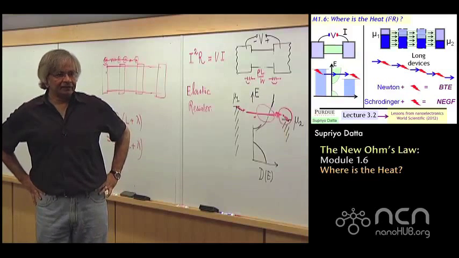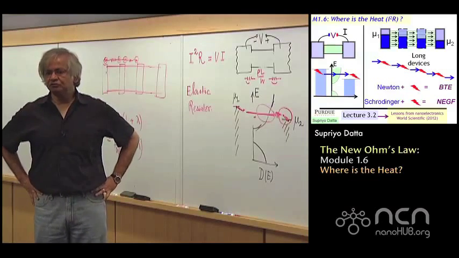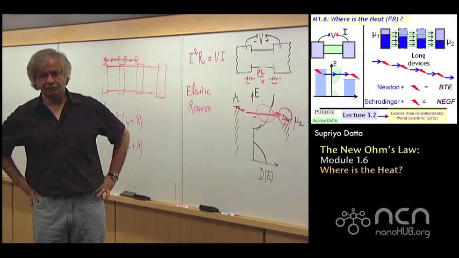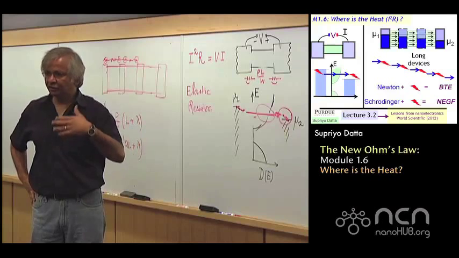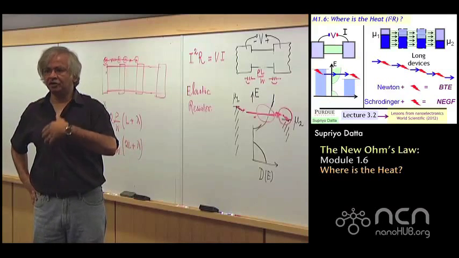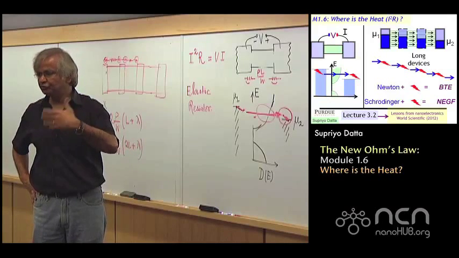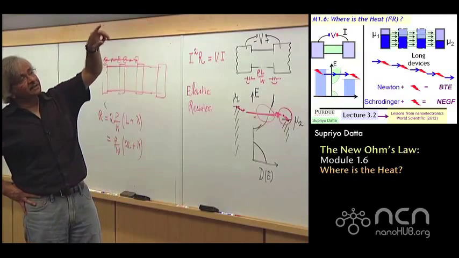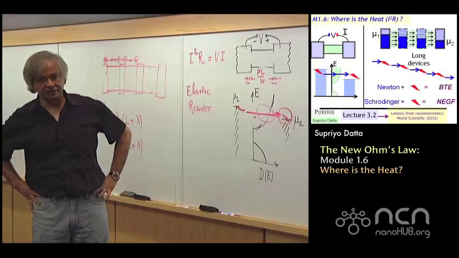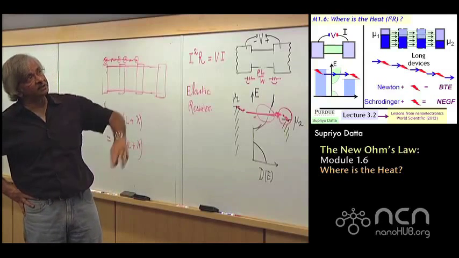That is why you cannot just use Newton's law to analyze devices. What is used to analyze transport, not only of electrons in devices, but of all kinds of particles, of neutrons in reactors, and so on, is the Boltzmann transport equation. That's this BTE, what I've written there as BTE.